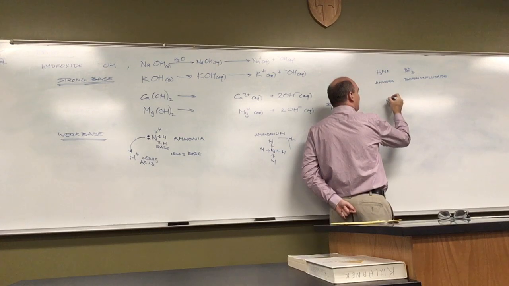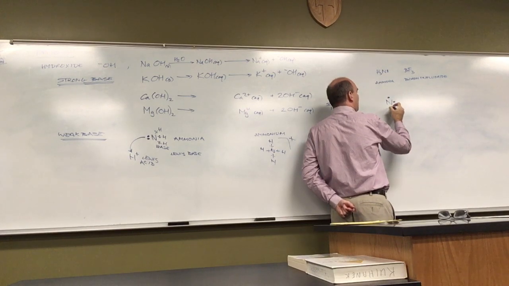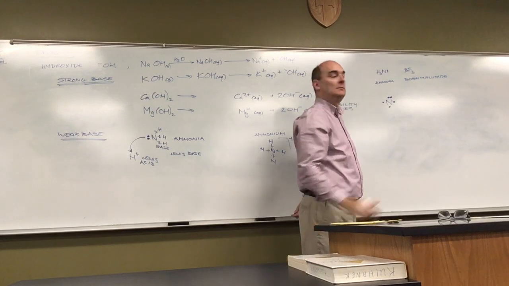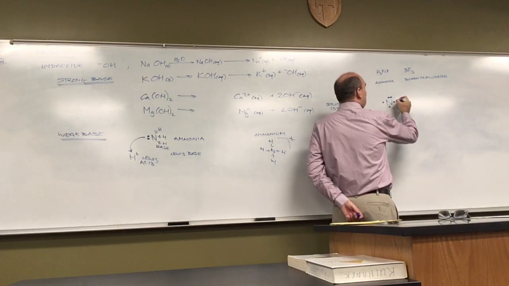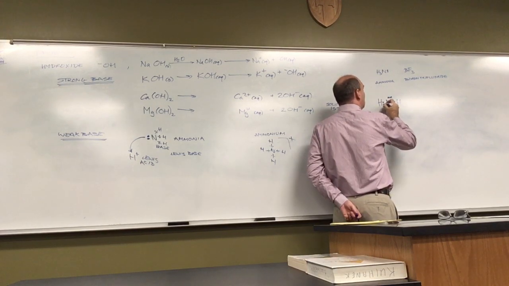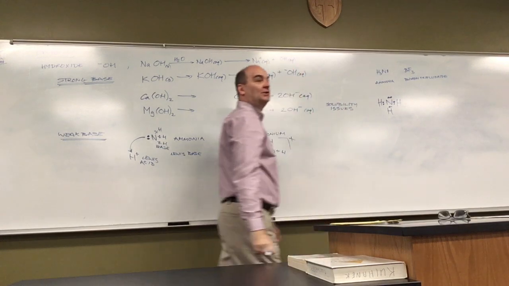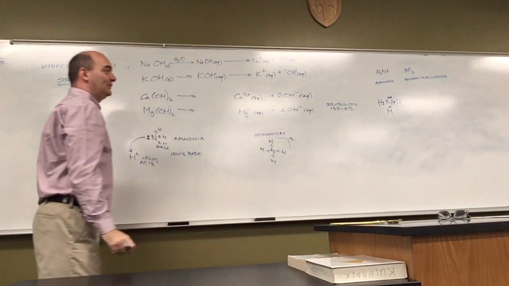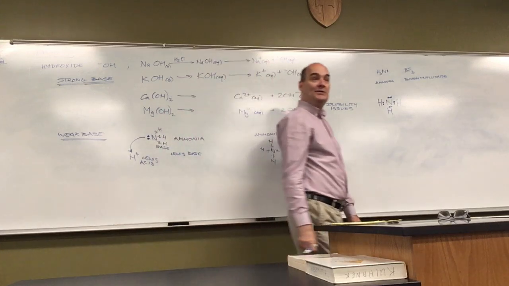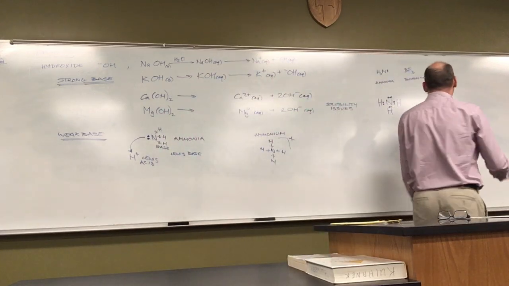Here's the nitrogen. 1, 2, 3, 4, 5. Put the hydrogens in. Hydrogen can only make one bond. So each of those hydrogens has a covalency of 2. That nitrogen now has a valency of 8. We have satisfied the octet rule.